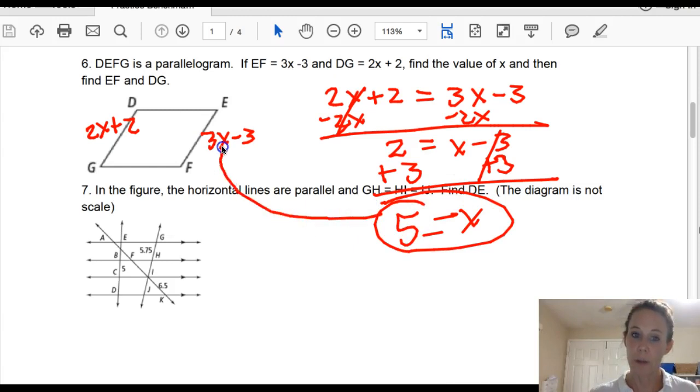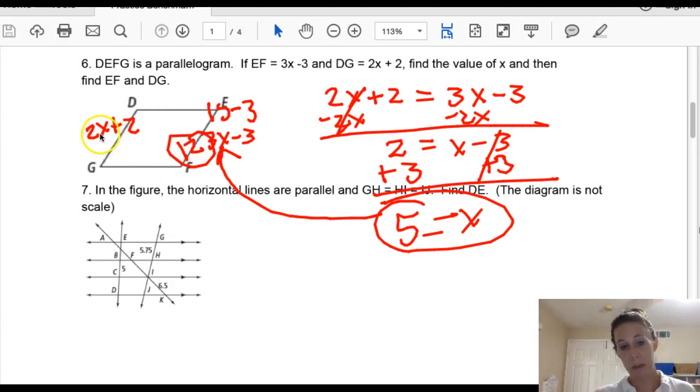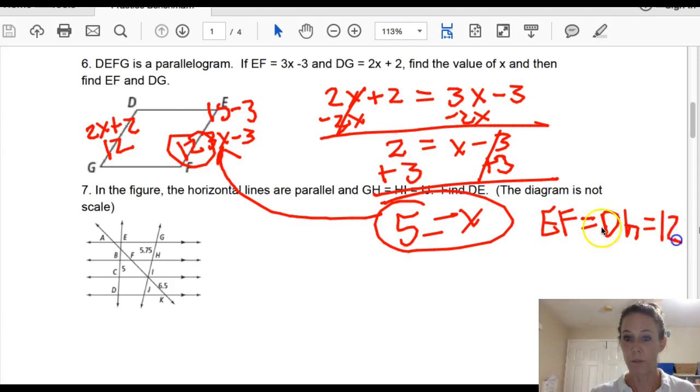Now finish the problem, plug it in here. 3 times 5 is going to be 15, and 15 minus 3 is 12. This is 12. I don't have to plug it in here. I should get the same answer because these are congruent, 12 and 12. So what are the lengths of EF and DG? EF equals DG, which equals 12. All right, on to the next one.